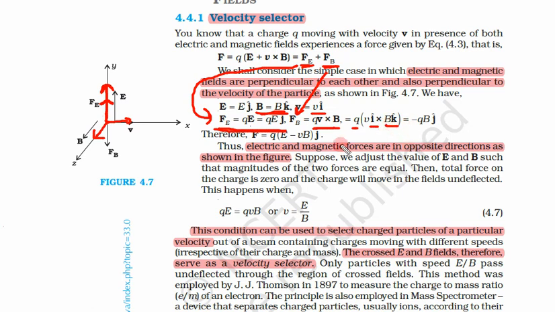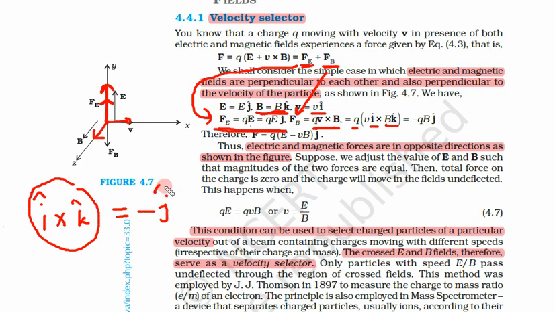So we have i cross k. We know i cross j is k, but here there is a difference, j is missing. So what will happen? We will have minus j here.